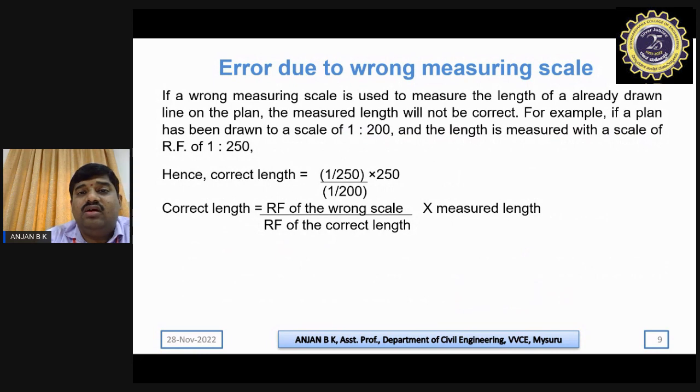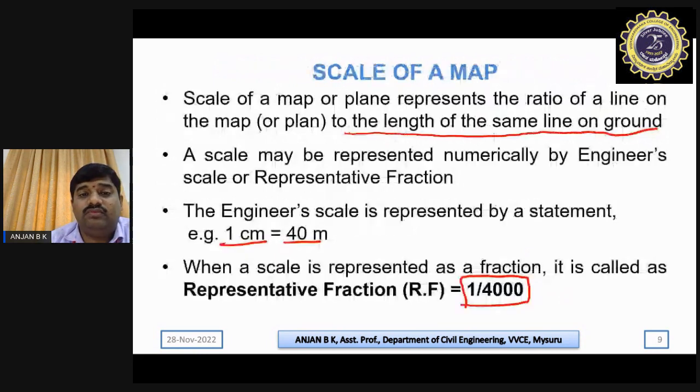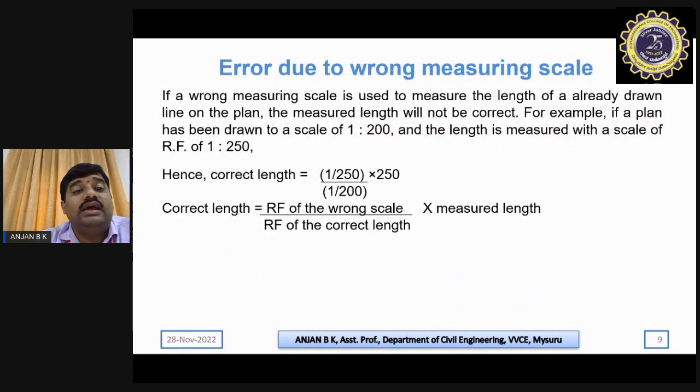If you have any wrong measurements, and if you have taken any length with a different scale, then how do you calculate the correct measurement? For example, if a plan is drawn on a scale of 1 is to 200, and the length is measured with a scale of 1 is to 250, then there is a difference. The scale drawn is 1 is to 200, but the measured length is on 1 is to 250, which means there is some error.